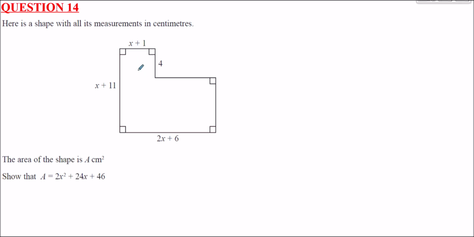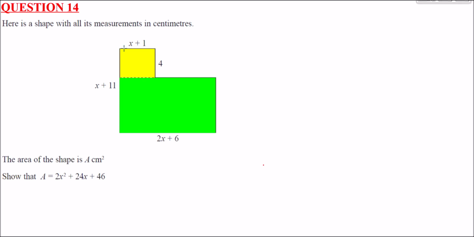So I'm going to suggest that we just simply draw a line in between this top little rectangle and this bottom bigger one. I'm going to colour code these, the top one in yellow, the bottom one in green. The area of a rectangle is length times width, so we can work these out next.